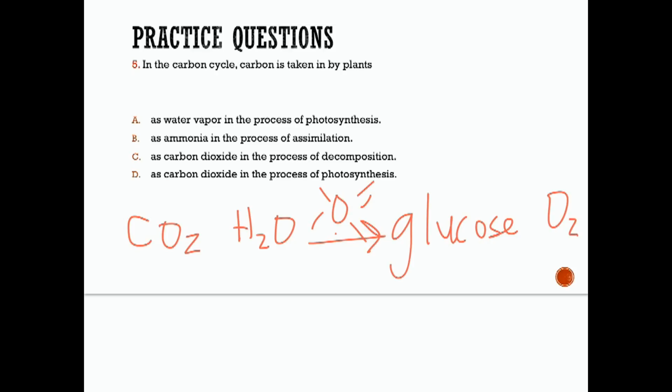So if you look at the question, in the carbon cycle, carbon is taken in by plants as carbon dioxide, D, in the process of photosynthesis.